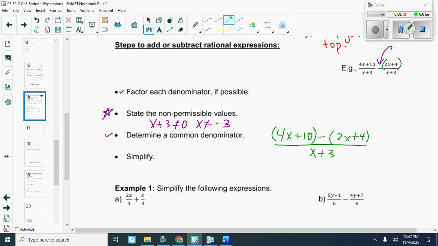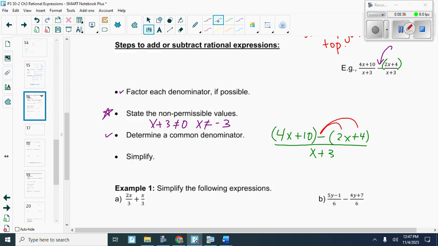Here's the part where, if you're not paying attention, you might miss. This negative sign, we have to distribute it through the brackets, because you're subtracting both of those terms. Now we want to drop the brackets so we can collect like terms.